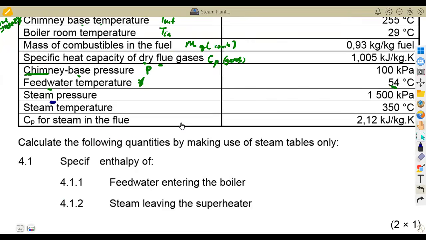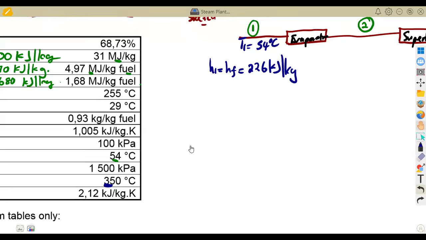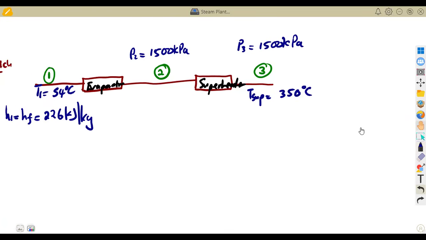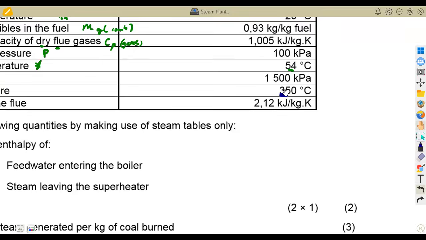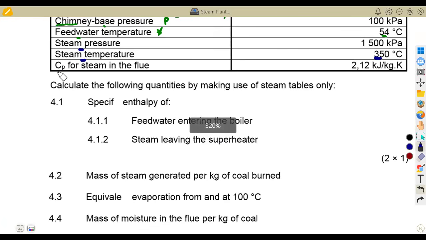Then they are giving us the steam temperature, which is the superheated temperature there. So that's T sup. We are given 350 degrees Celsius. All right. Then they are giving us this Cp, the specific heat capacity for steam in the flue.